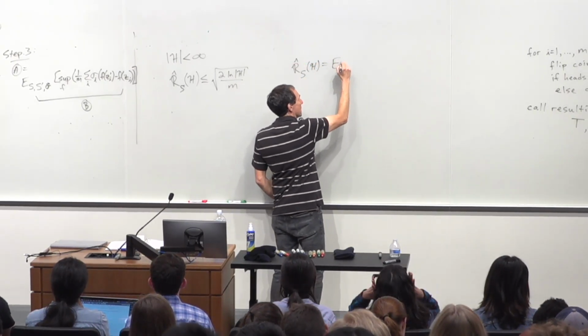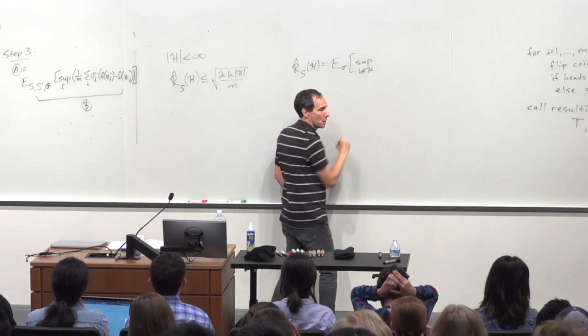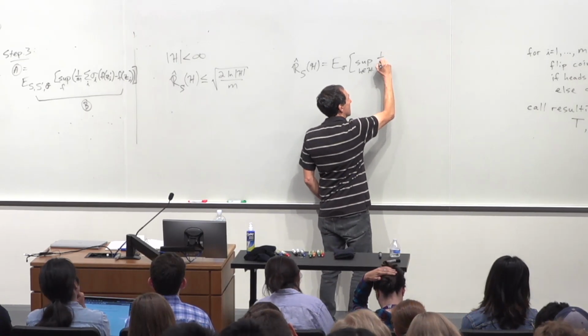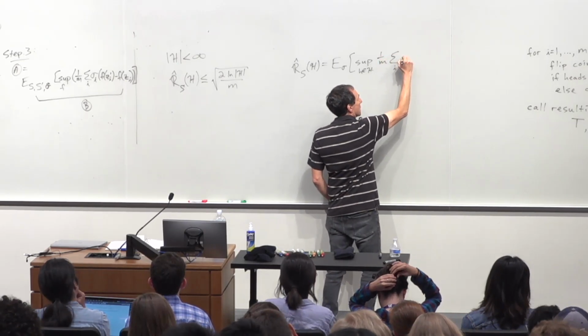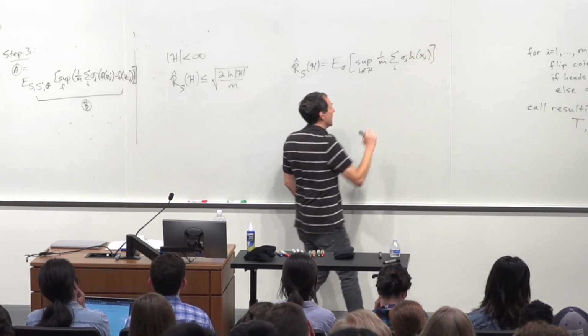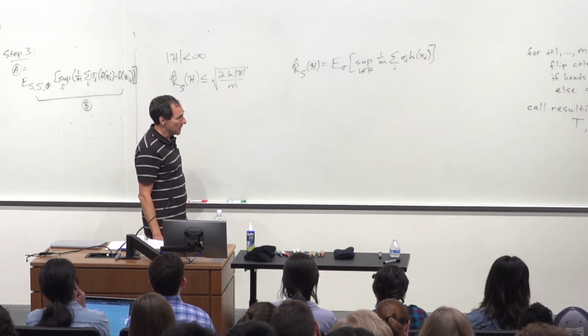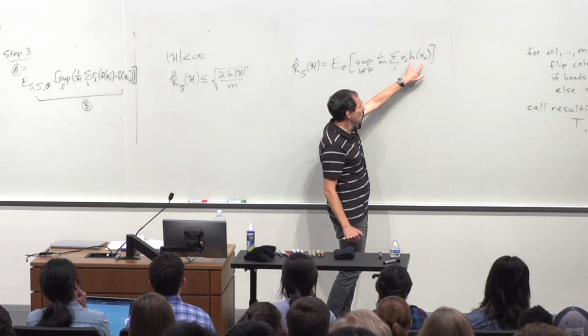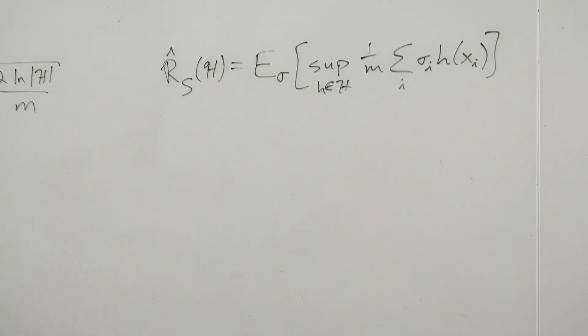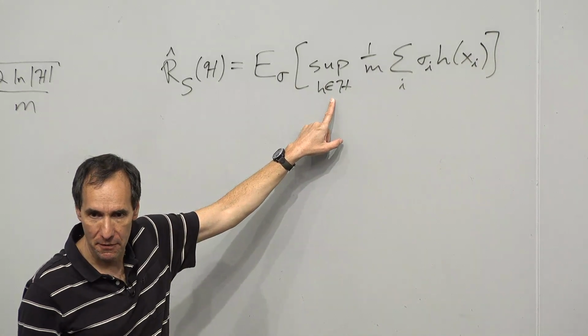Again, it's the expected value of this supremum. Since we're working with hypotheses, it could just be the max. Where the xi's are in the sample S itself, right? And again, just to emphasize this point, it only depends on what's actually happening on the sample itself.